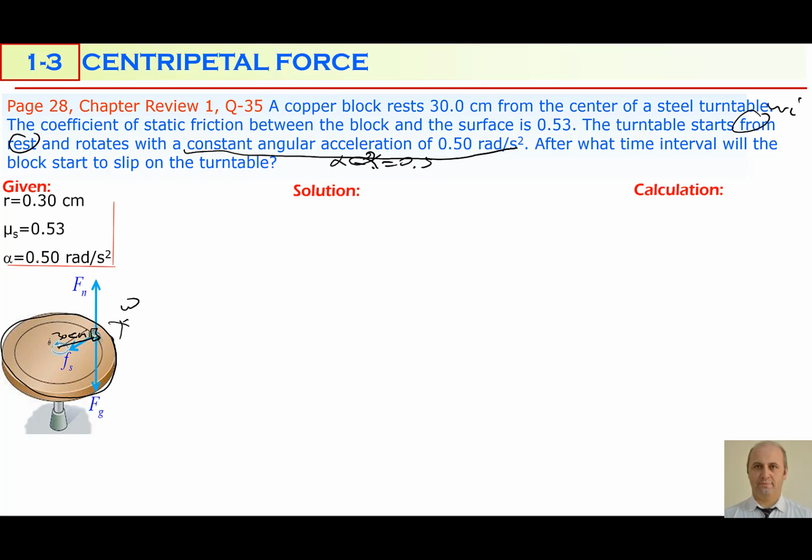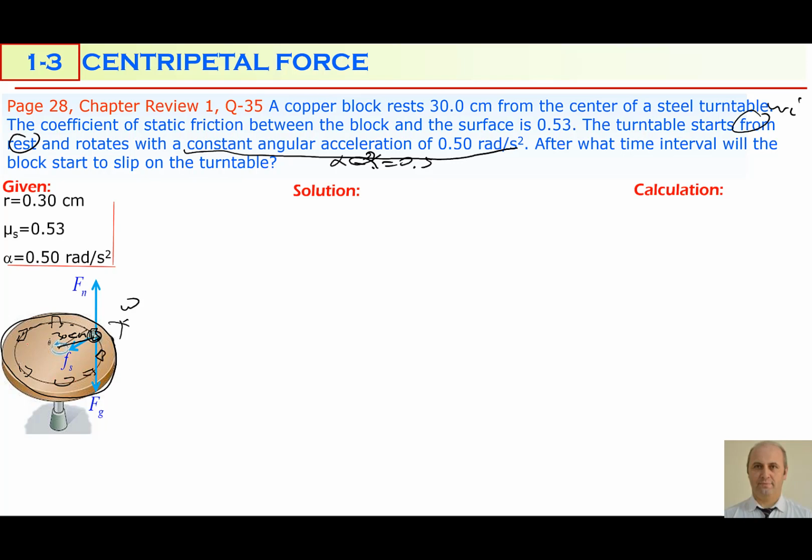After what time interval will the block start to slip on the turntable? If you rotate this turntable with small angular speed, you are going to observe that this copper block will follow a circular path like this at different times.